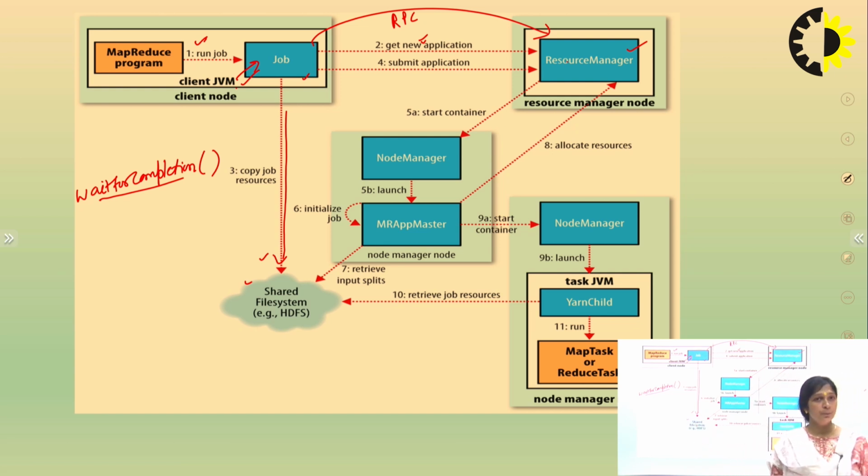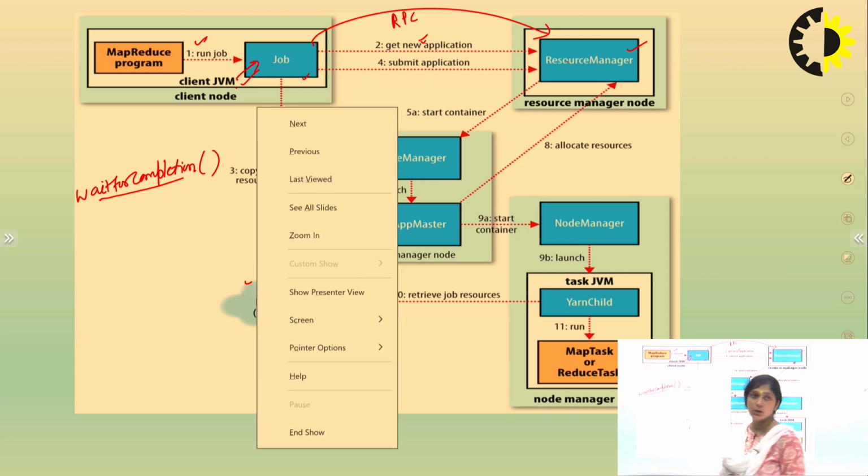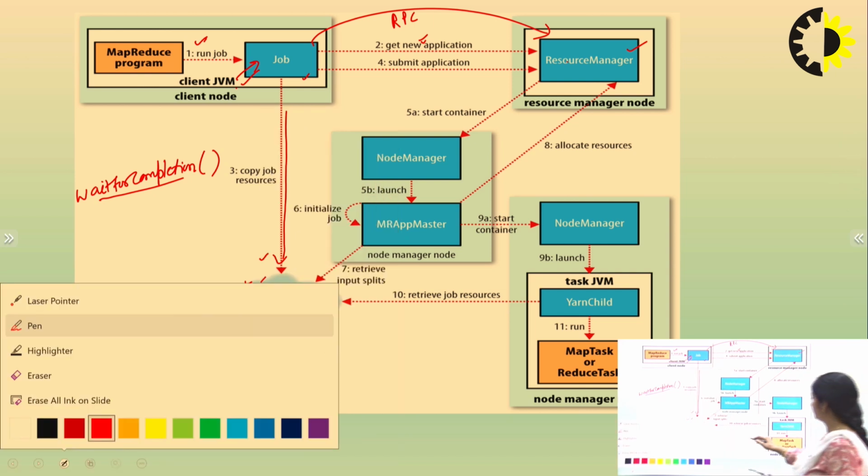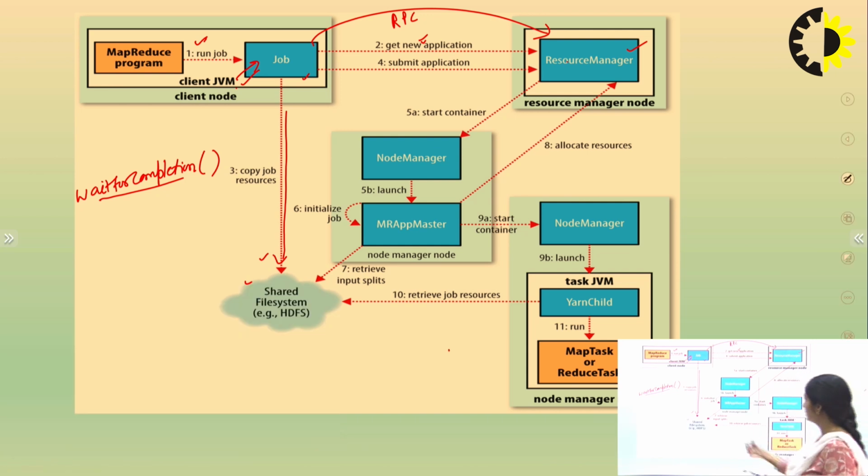But if the output does not exist already, in that case, client will copy the job resources or input split in the HDFS. What is input split? I told you in the last video. Yes, now client will copy the jar file and copy the input split in the HDFS.